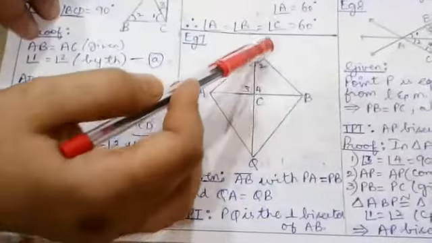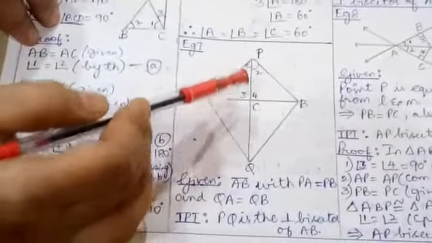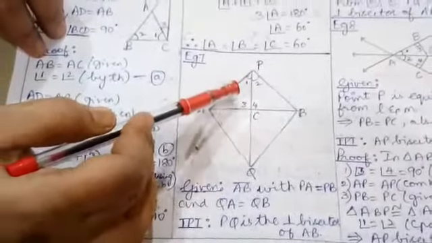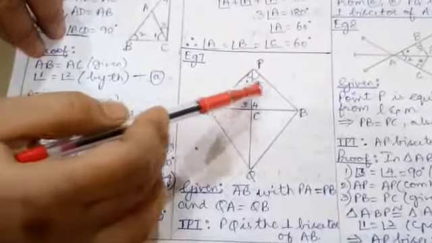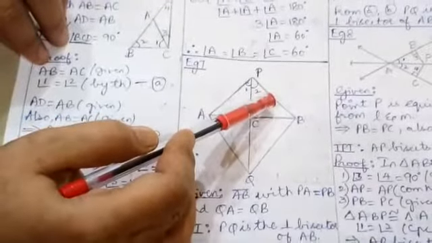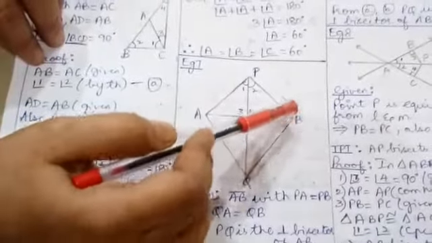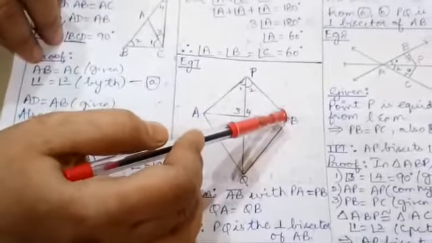So we were talking about the side AP, the common side PC and this angle A in this triangle. And that makes SSA, two sides and some other angle. Check in this triangle. We were talking about the side BP, the common side PC and angle B. Two sides and some other angle.